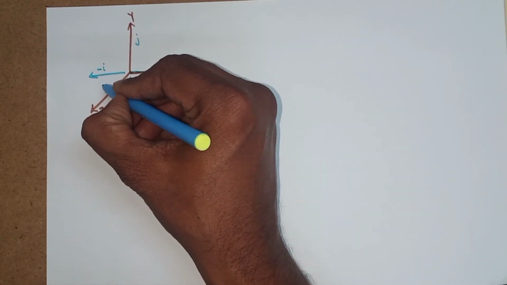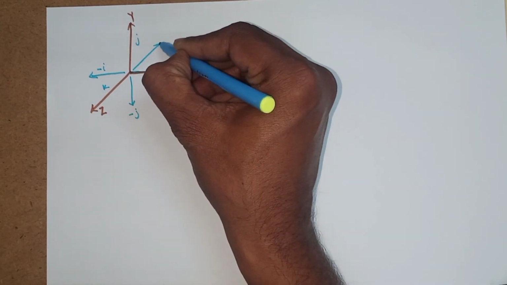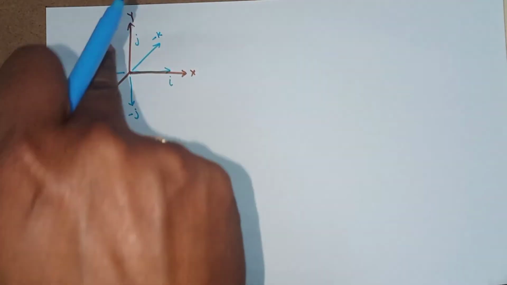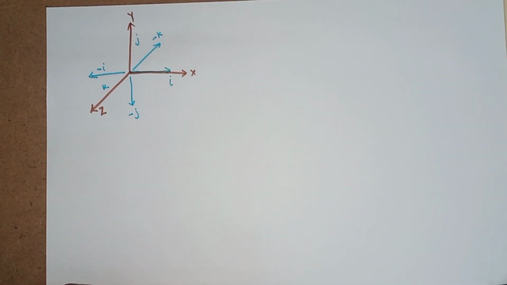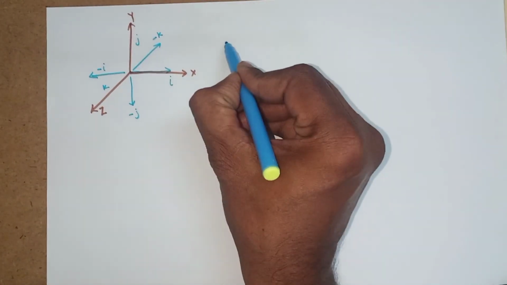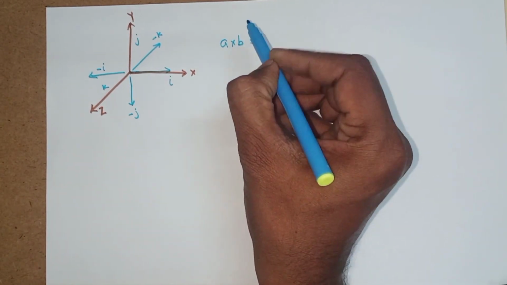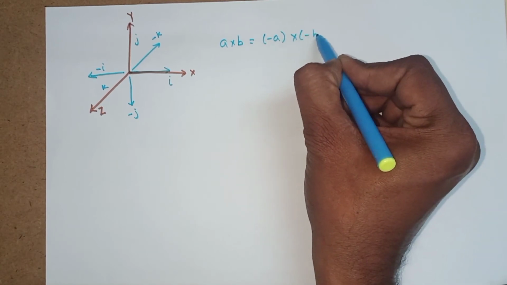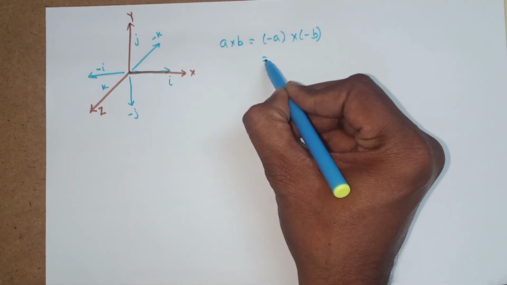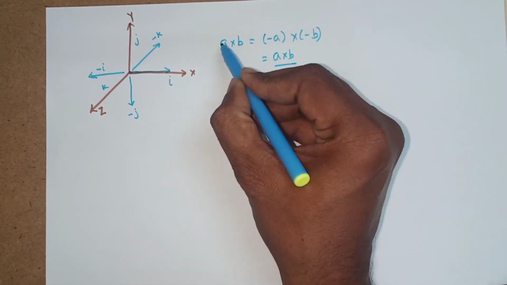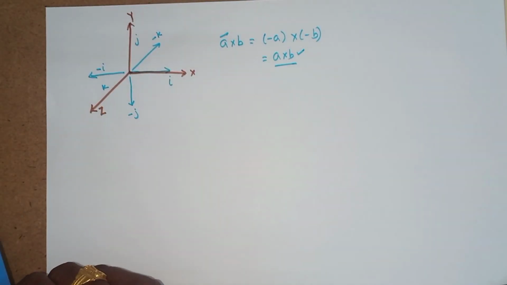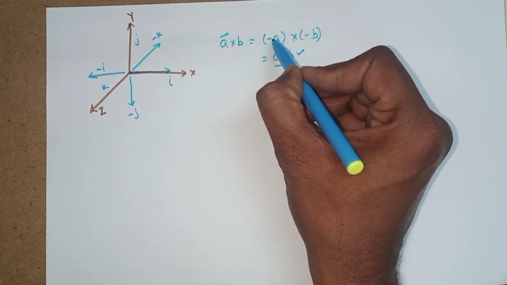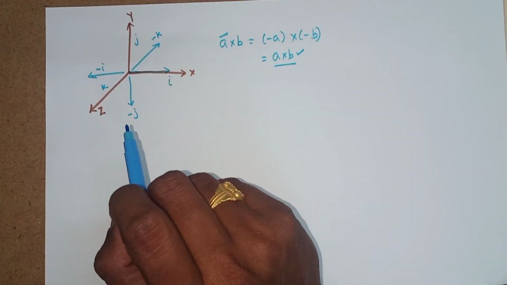This is the k vector, minus k vector out of the plane, and this is into the plane. A cross B is equal to minus A cross minus B, which is again A cross B. Same. But if you apply a negative only once, then the sign alternates.